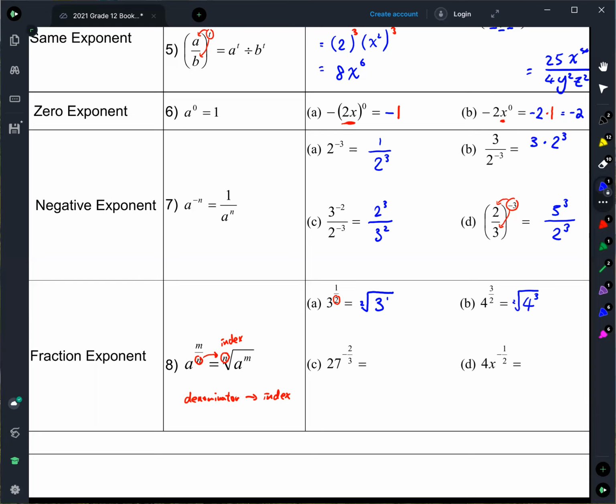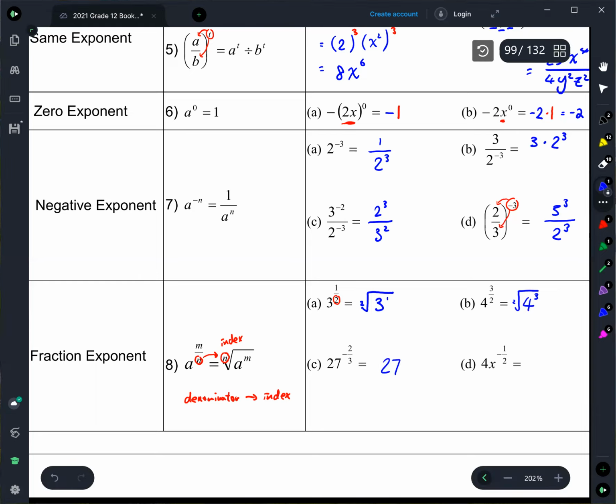Okay, Callum, what do you have for question C? So you put 1 over 27 to the power of 2 over 3. Then the cube root of 27 is 3, and then you square it, so you get 9.